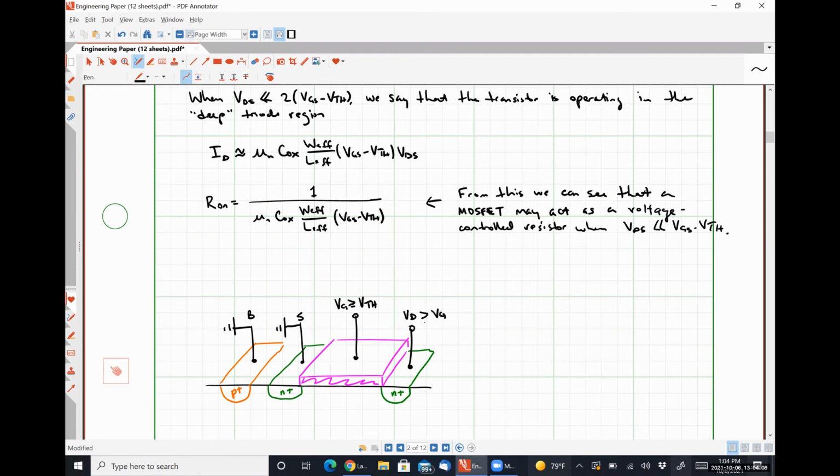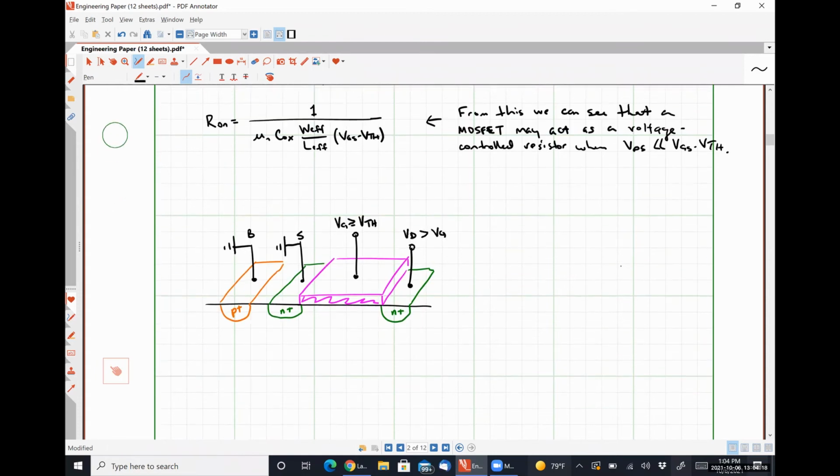What's going to happen to the charge density profile? So when VD was non-zero, we saw that it began to tilt, right? It was perfectly level, and then it began to tilt. The higher that we raise VD, the more that profile is going to tilt. So for a large value of VD, we might see something like this.